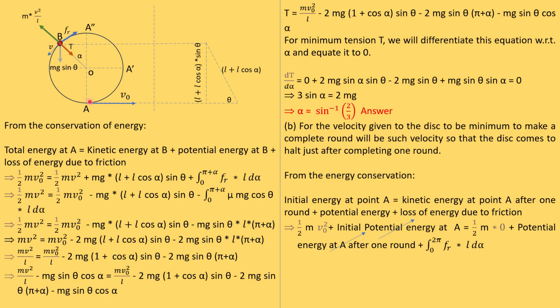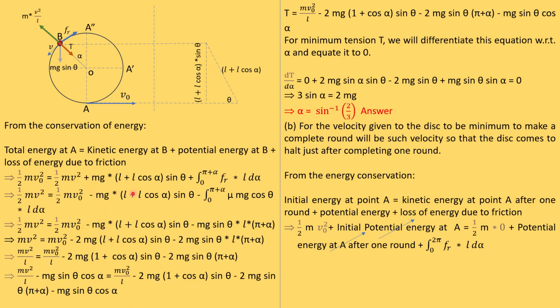This part is your L plus L cos alpha, that is here in this triangle, and this angle is theta because this plane has the inclination from the horizontal of theta degrees. So this height will be (L plus L cos alpha) into sine theta.